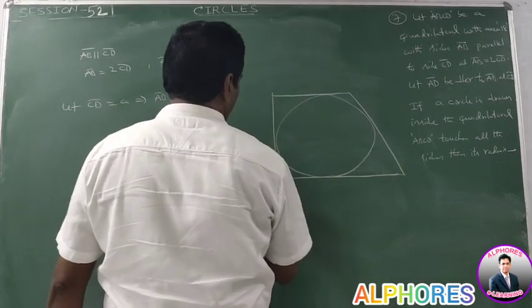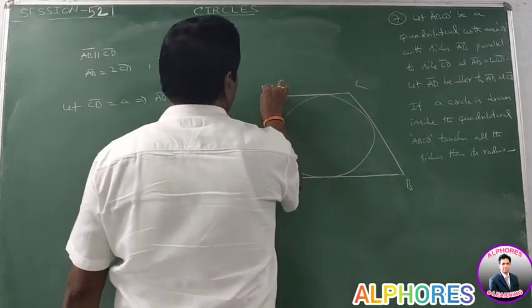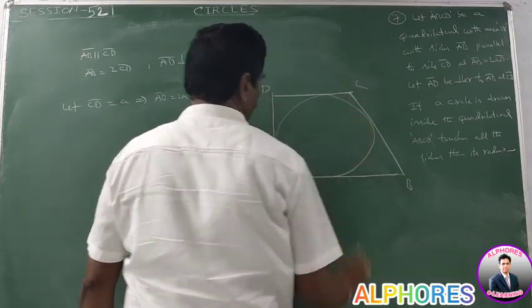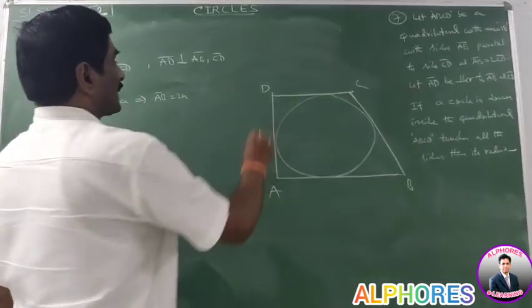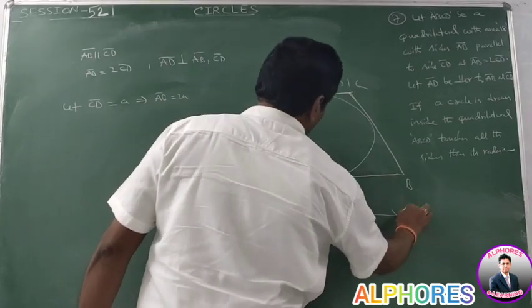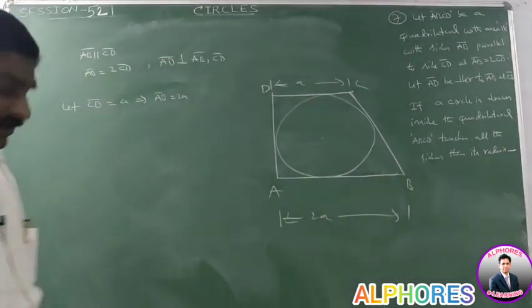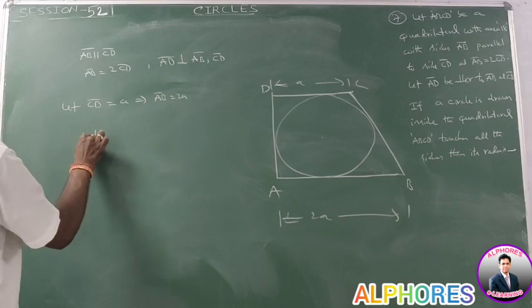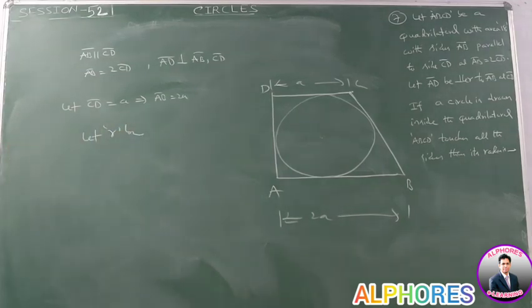In this way, A, B, C, D. Please observe this value. Say this value is A units, this value is 2A. Now we find the radius of this circle. Let R be the radius of the required circle.